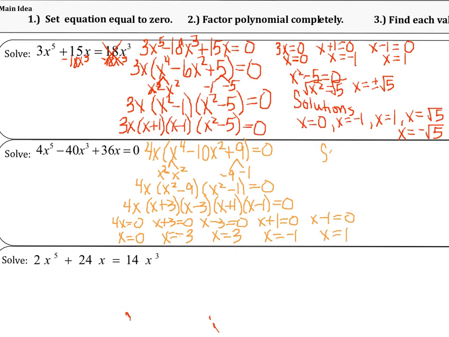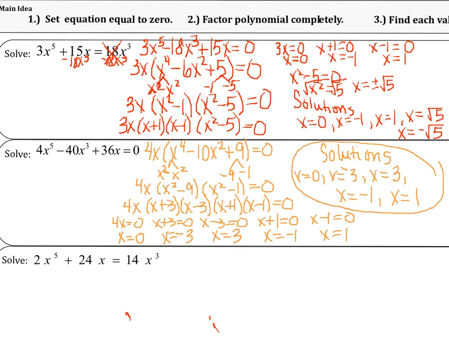So my solutions are x equals 0, x equals negative 3, x equals positive 3, x equals negative 1, and x equals positive 1. And notice there are 5 solutions, and that's because the degree of this polynomial is 5.